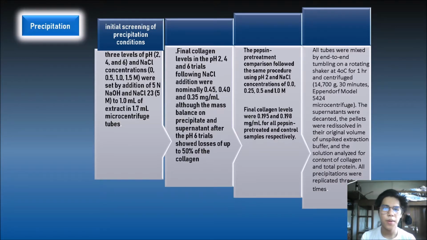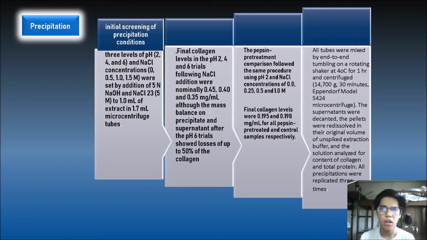For the precipitation, in the initial screening of precipitation conditions, three levels of pH and NaCl concentration were set by the addition of 5 molar NaOH and sodium chloride to 1 ml of extract in 1.7 ml microcentrifuge tubes.